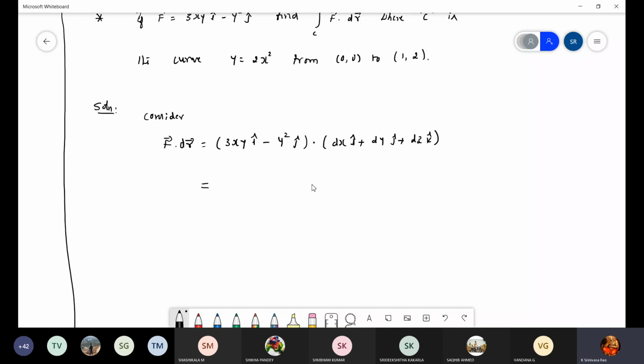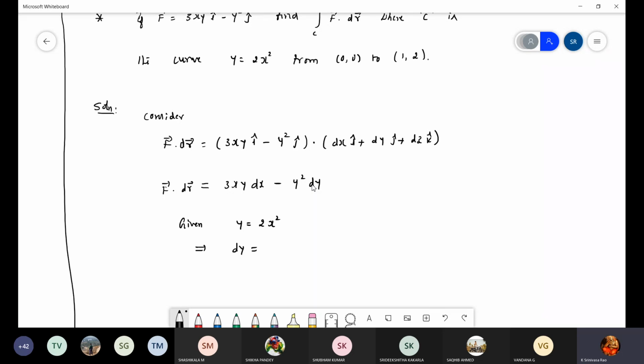That becomes 3xy dx minus y square dy. Is it right? Yes, sir. Now what is given, you take as it is. Given y equals 2x square, this implies what is dy?